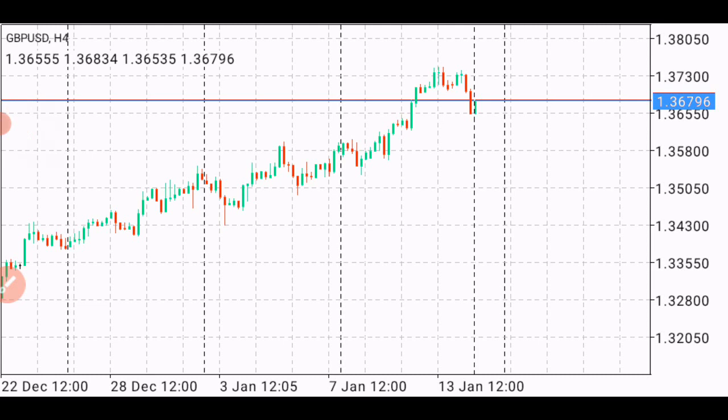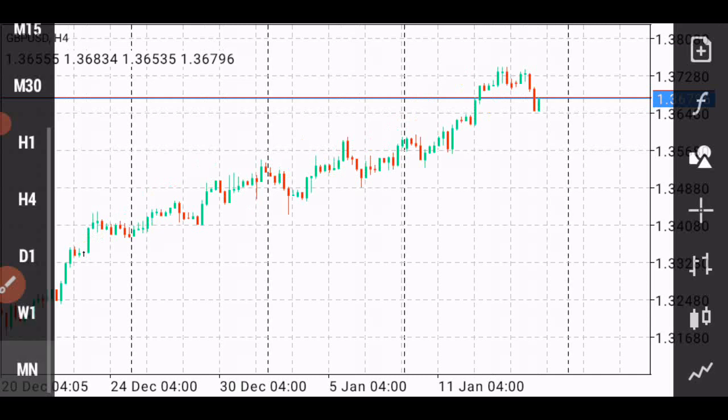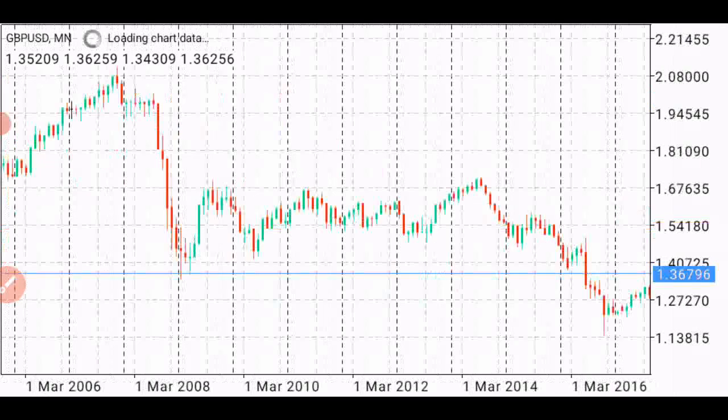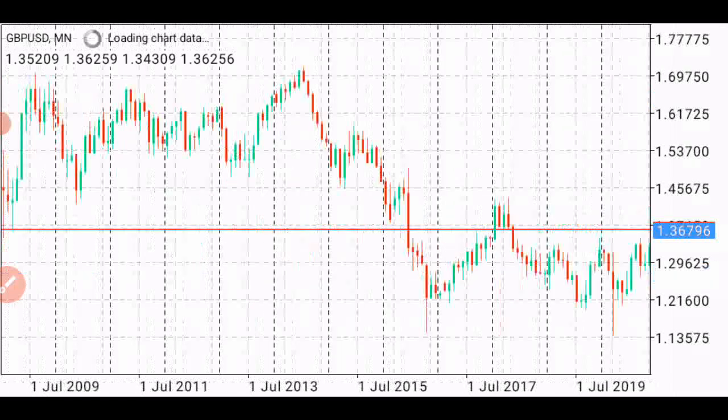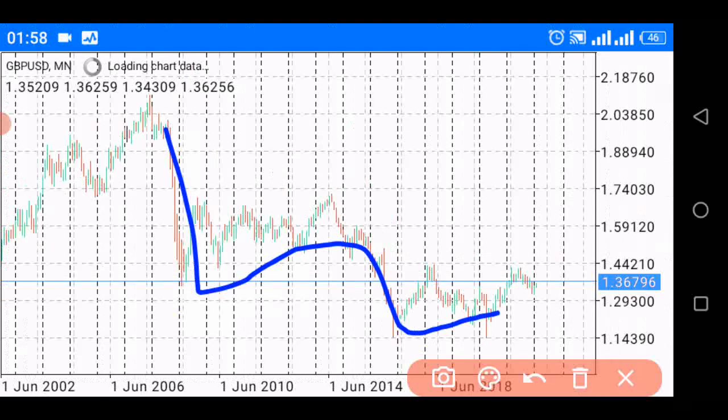So we are in pounds US dollar here, and we are in the monthly chart. Let's go back to the monthly chart. As I said in my first video, the market structure is a combination of market movement, the combination of impulsive movements and corrective movements.